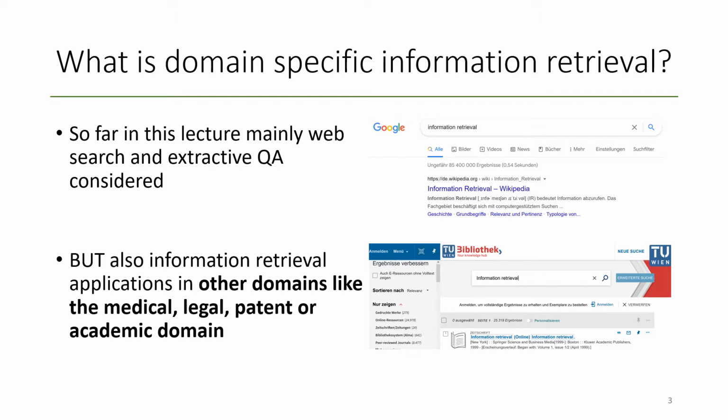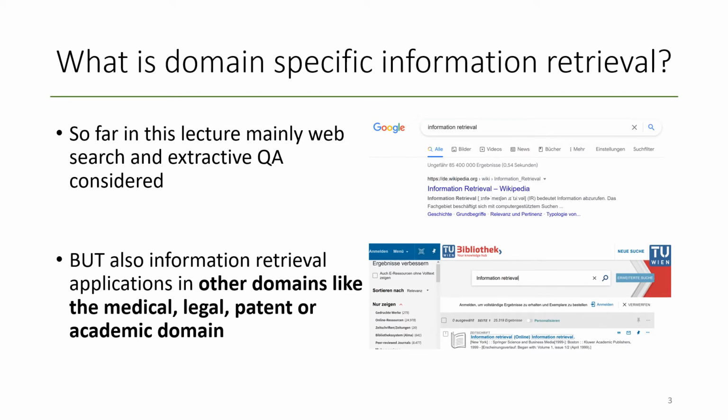One example you can see here on the right-hand side is a screenshot of the TU Vienna library search interface, where you can look for the books which are stored in the library or which you can borrow from the library.